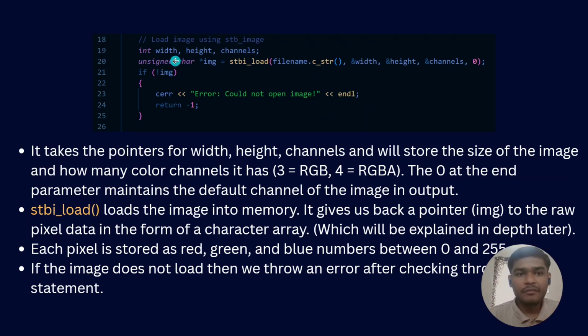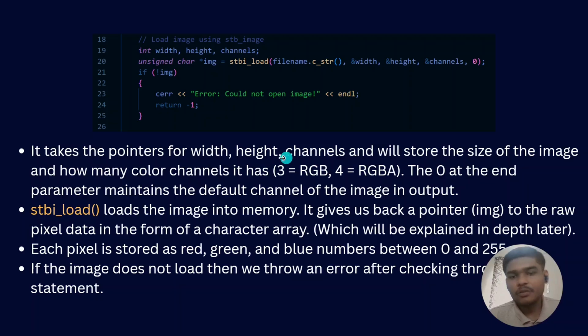Next, we load the image using the STB image library. So first we are defining the integers for the image width, height, and the channels. What this code does is it takes the pointers for width, height, and channels, and it will store the size of the image and how many color channels it has.